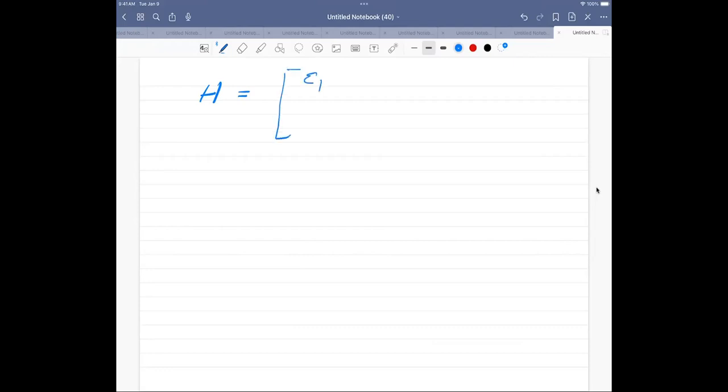I have epsilon 1, and then the interaction piece is 0, right? So that's just becoming 0. And then I'm going to have a phi 1 here with HI with phi 2. And then here I'm going to have a phi 2 of HI phi 1.